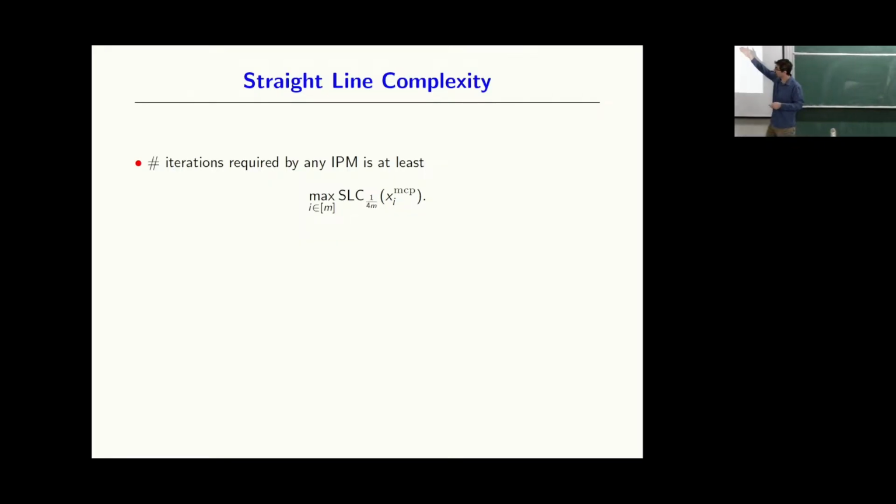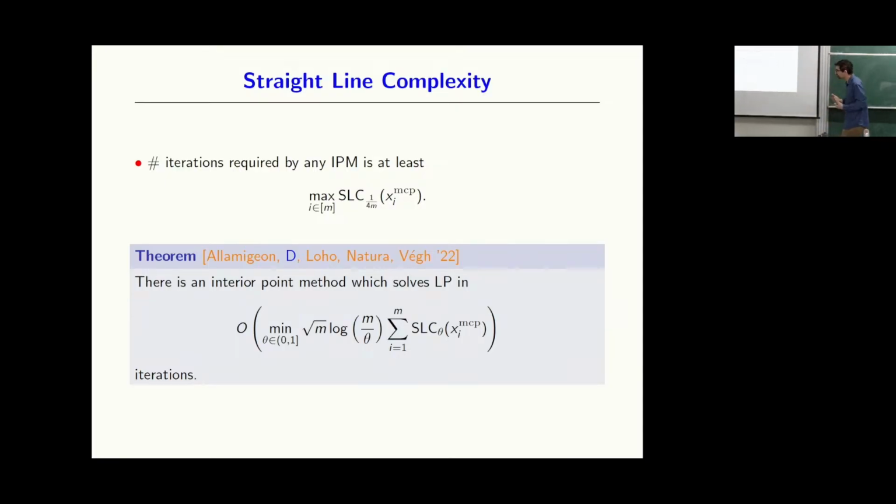So this gives you a natural lower bound, and it turns out that this is also, up to strongly polynomial factors, an upper bound. This is the method I will not talk about. But it turns out that there is an interior point method such that the number of iterations it takes is essentially proportional to the sum of these univariate straight line complexities for all of the inequalities one by one.